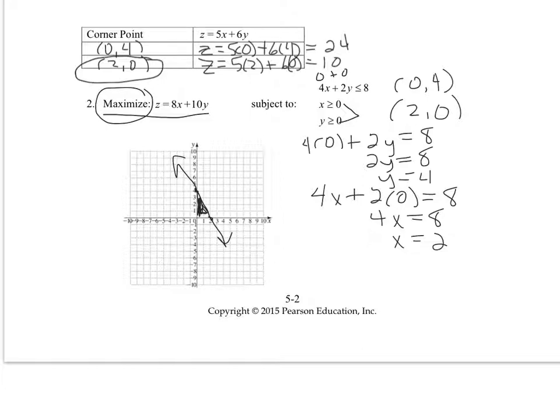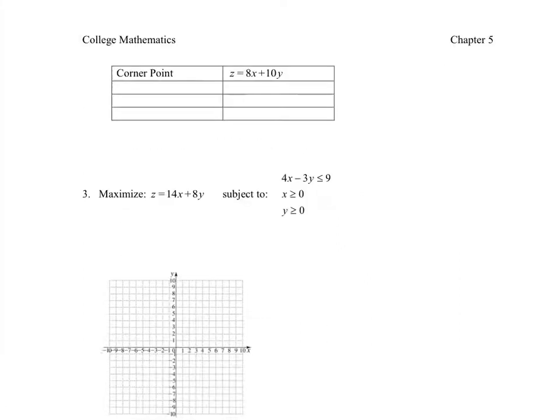Now, I have these two corner points, my 0, 4, my 2, 0. My other corner point is going to occur at 0, 0, because that's where these two intersect. So let's go to the next slide, and we're going to use those corner points and maximize this function that they gave us.